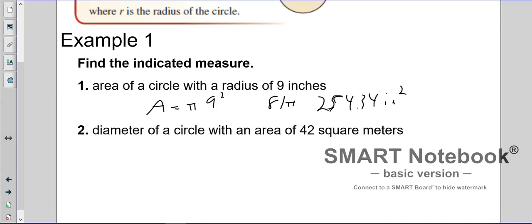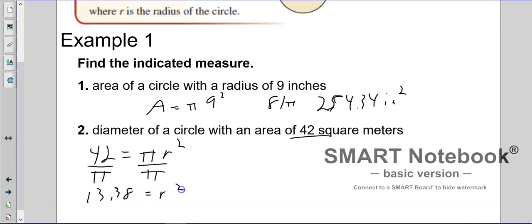Now, number 2, we're going backwards. We know the area. So 42 is equal to pi r squared. So what we do is we divide by pi. We take 42 divided by 3.14, or the pi key, and I'm going to round it. We get 13.38 equals r squared.